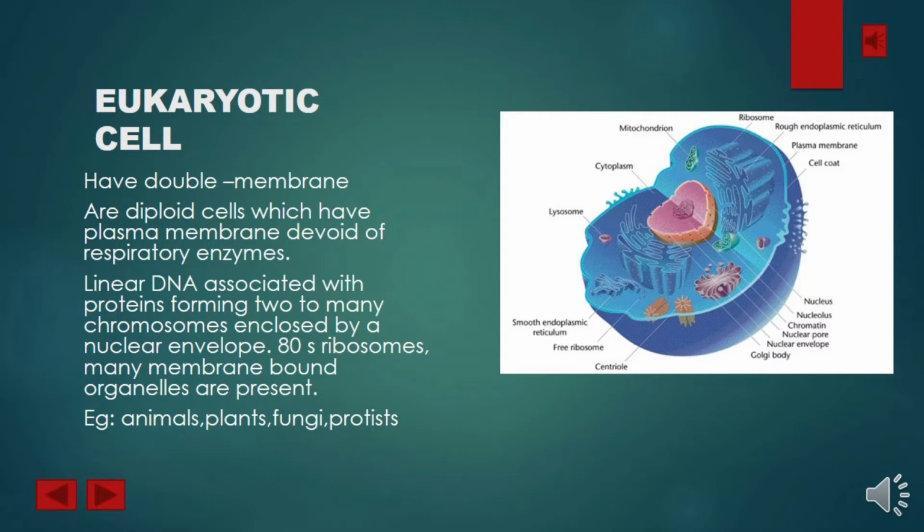This eukaryotic cell has a definite nucleus, which you can see in the cytoplasm. Inside the cell there are 80S ribosomes with many membrane-bound organelles. Inclusions are present. Examples of eukaryotic cells are animals, plants, fungi, and protists.